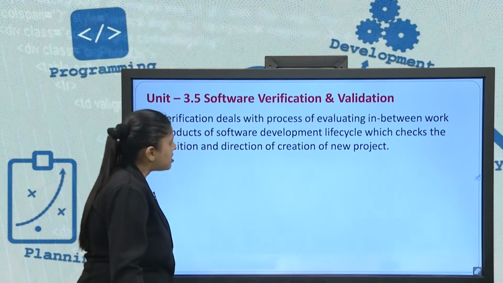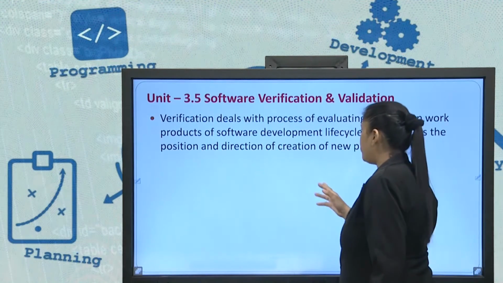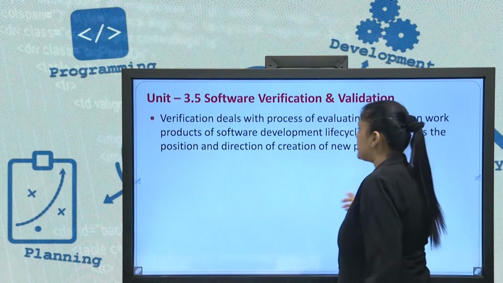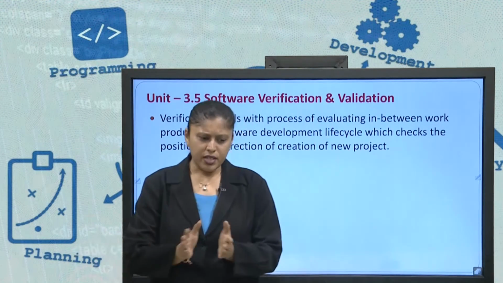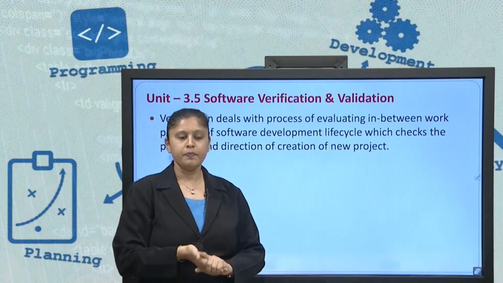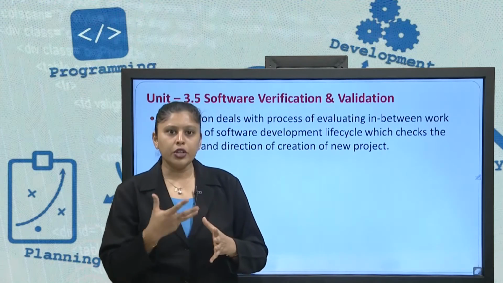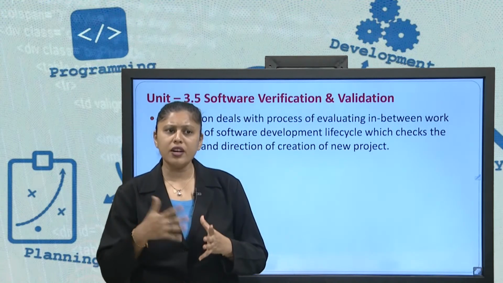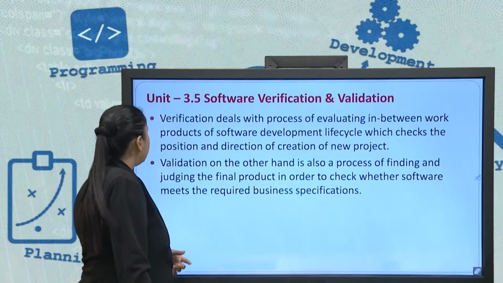Verification deals with the process of evaluating work products in between the software development life cycle, which checks the position and direction of creation of a new project. So verification is done during project development, and it checks whether the software I am going to build is properly done or not.